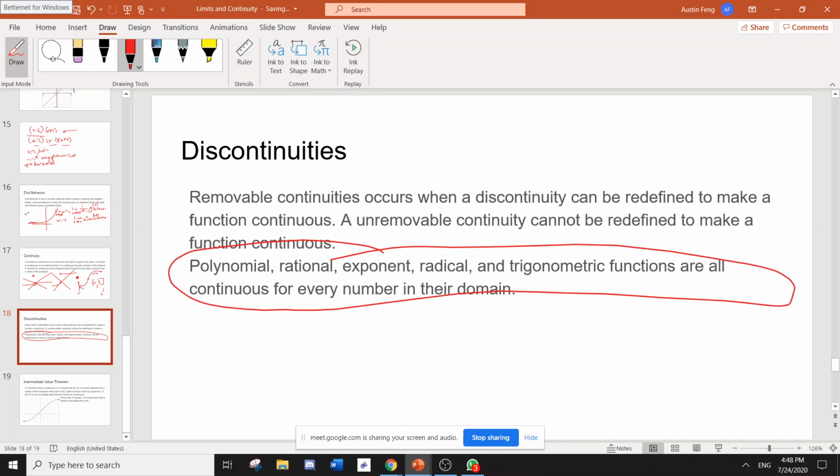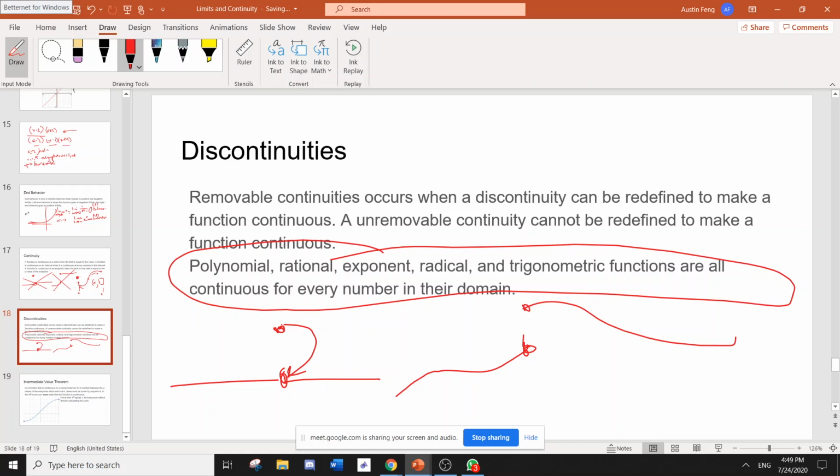So let's look at a removable discontinuity. We have our function, there's a hole here, and our value is over here. This is removable because we can take this value and redefine it to be on this function to make it continuous. A non-removable discontinuity is like if we have a piecewise function and the value is on the bottom piece.